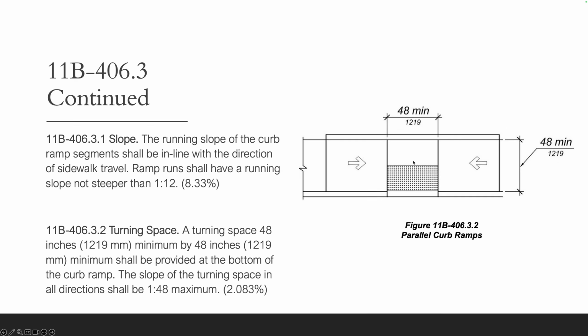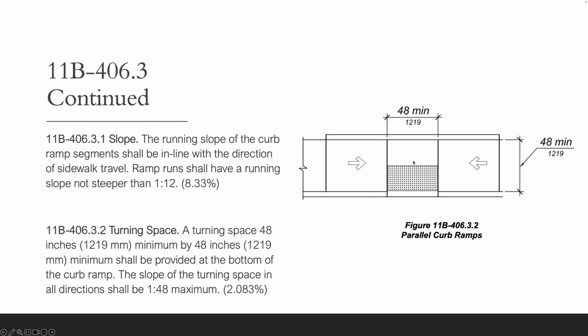406.3.1 slope tells us what we should all hopefully know, which is that running slope has got to be less than 8.33%. That's 1 to 12. 406.3.2 turning space, this is where the conflicts start, says a turning space 48 inches minimum by 48 inches minimum shall be provided at the bottom of the curb ramp with a slope not to exceed 2.83%.